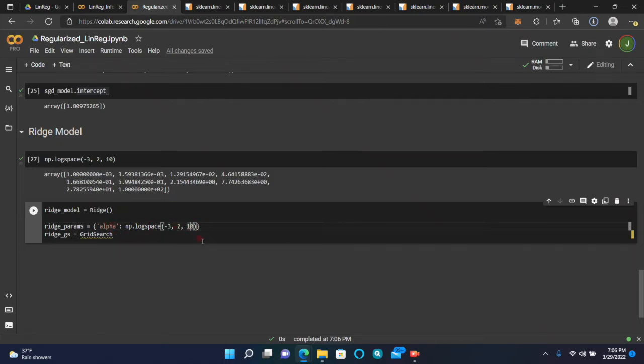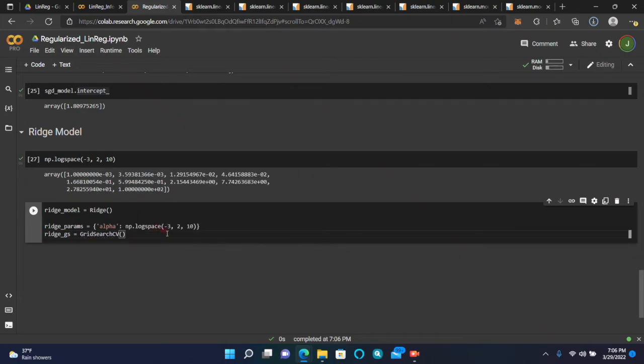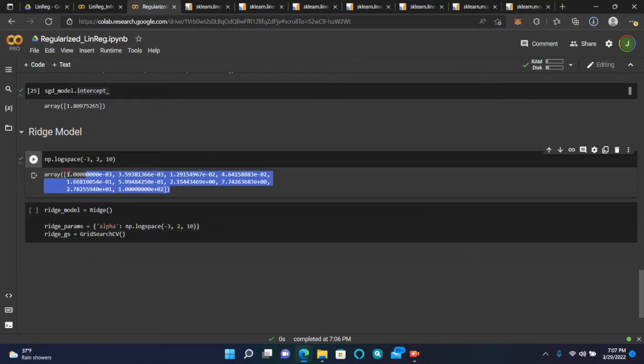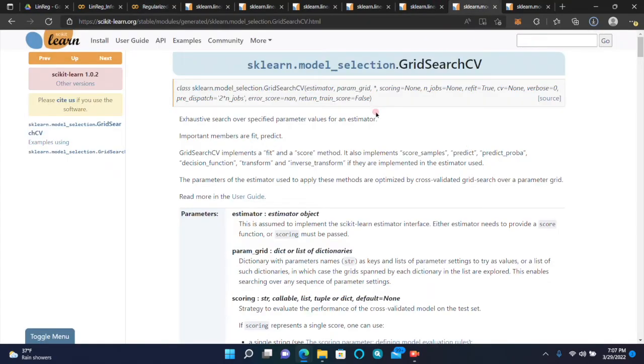That's a total of 100 possible combinations. So that gets big really fast, and it can take forever if you have a whole bunch of hyperparameters you're trying to tune at the same time. Since we only have one hyperparameter, I'm going to go ahead and say, there's 10 different possibilities for that hyperparameter. This is what they are. And we're going to try one with each one.